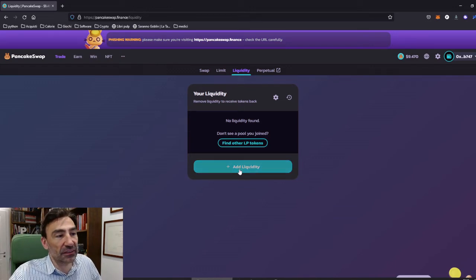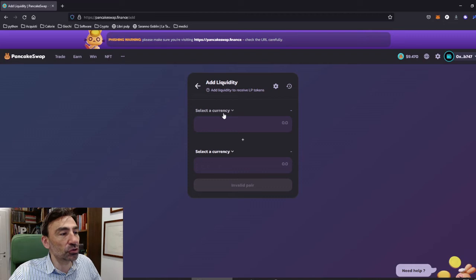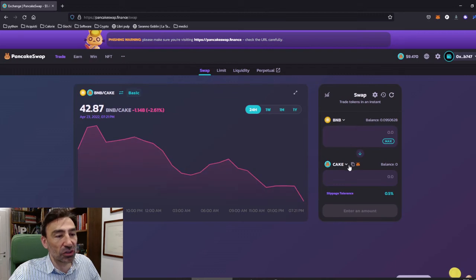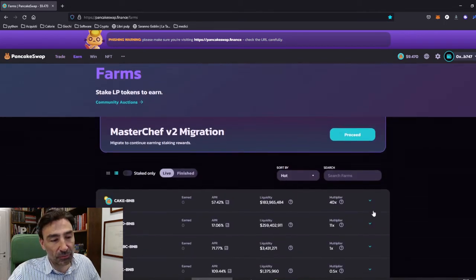You need just to press add liquidity and you have to choose to which swap you provide liquidity, because each of these, so each couple, is an individual smart contract. So you see them better here in farms. We'll talk about it later.